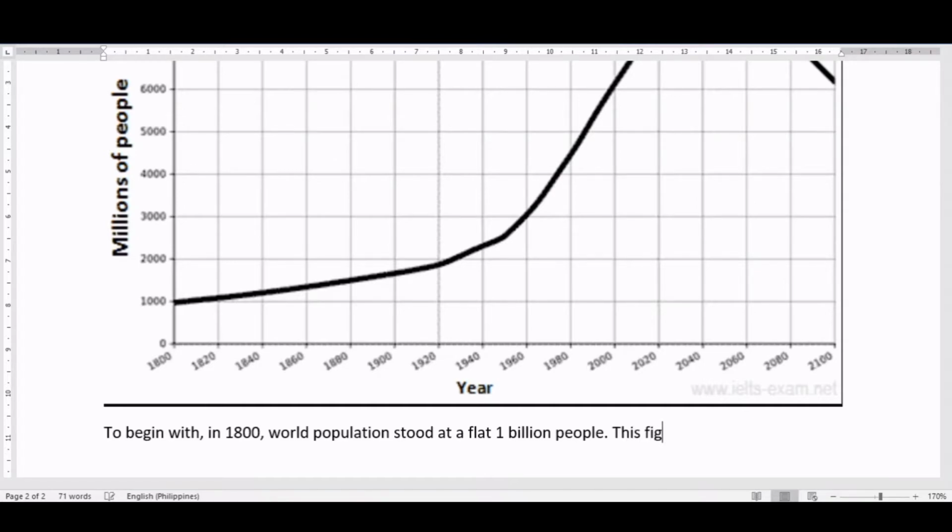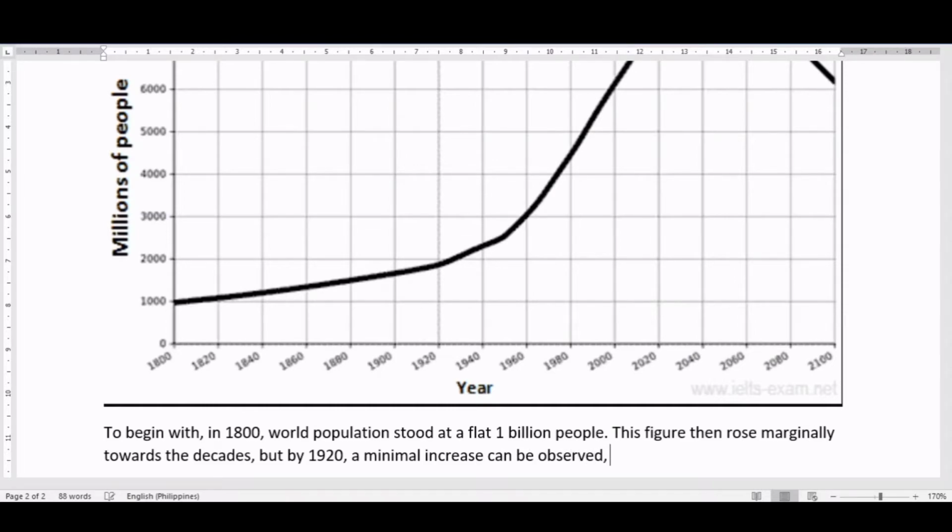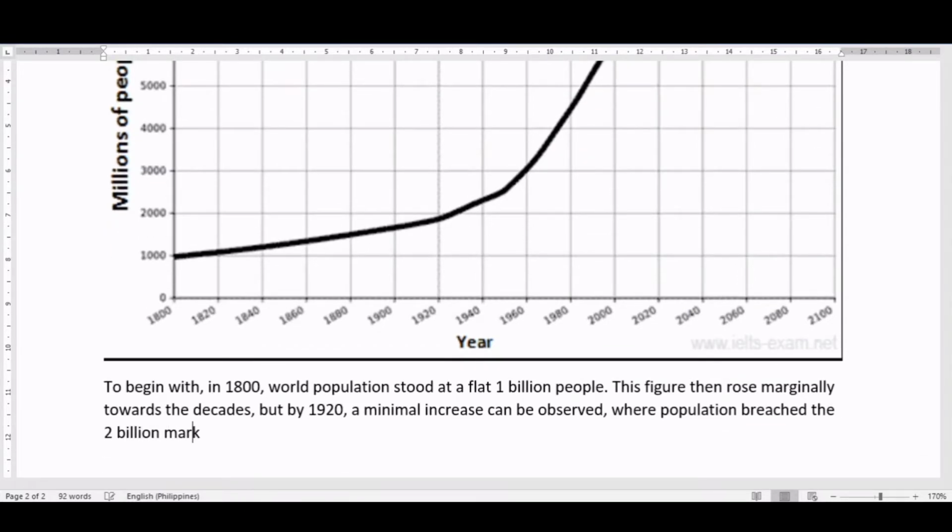This figure then rose, let's have an adverb, marginally, towards the decades, but by 1920 a minimal increase can be observed, where population breached the 2 billion mark.